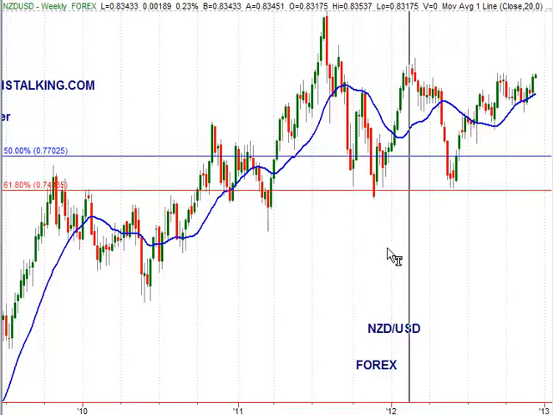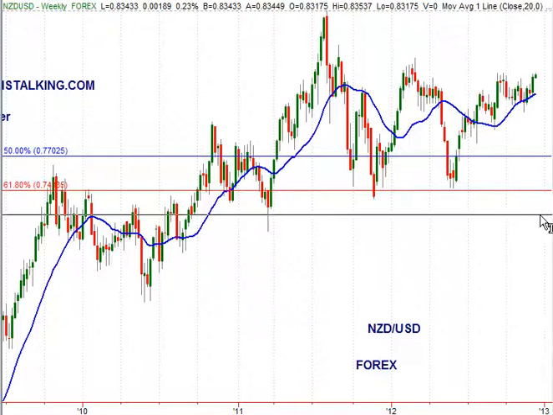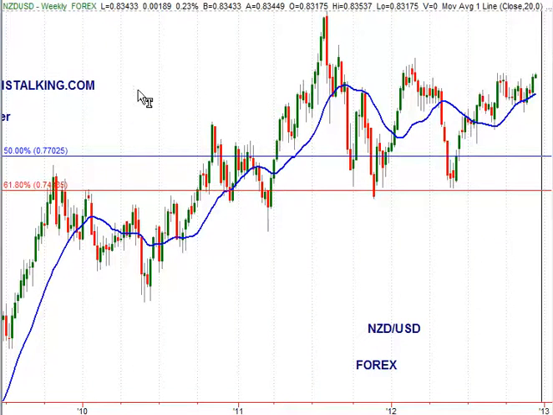The fact that this pair is not as liquid as other pairs somehow makes price less predictable using the method.